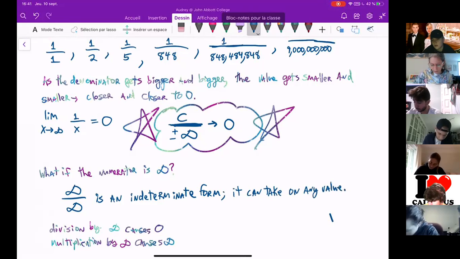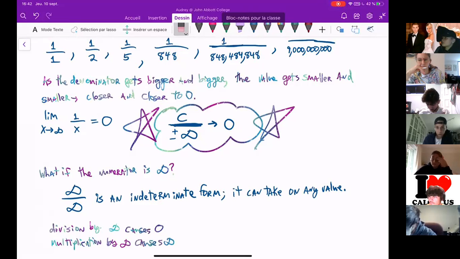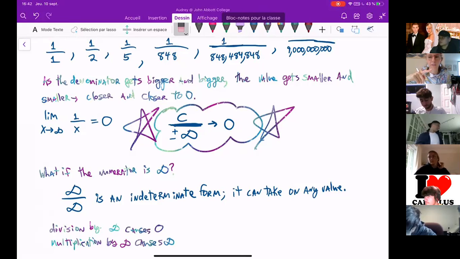So just a question, based on that definition, the idea that being an indeterminate form means it could be anything, is a constant over 0 an indeterminate form? Not 0 over 0, but a constant over 0. Someone said I don't think so.